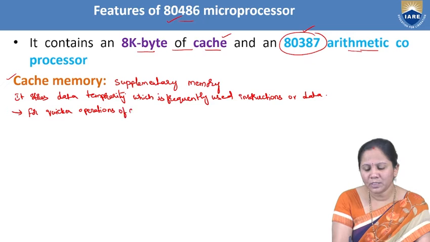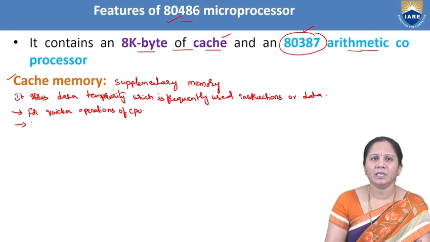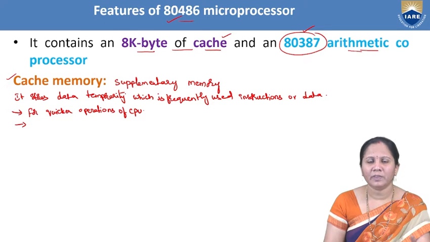Because if any request comes in, that request can be accepted by simply searching the instructions or the request available in this cache memory.